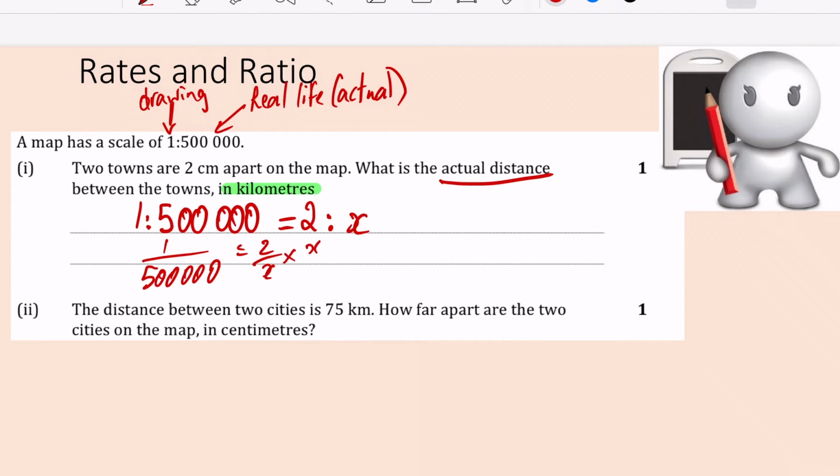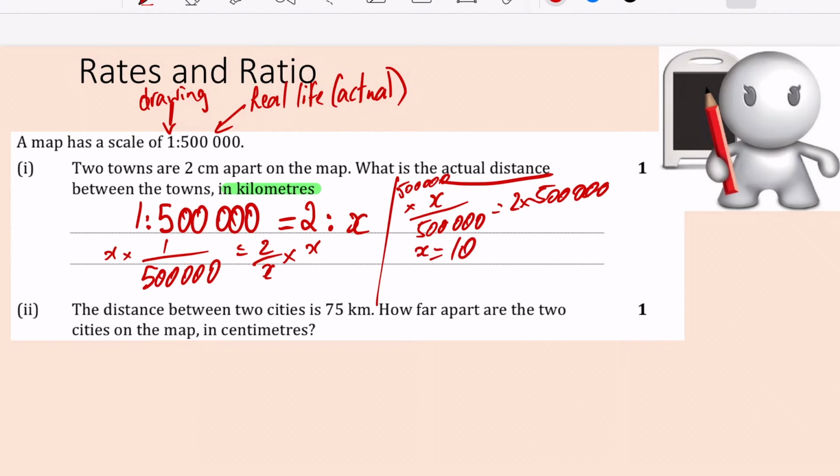Let's multiply by x, so x over 500,000 equals 2. Then multiplying by 500,000, we get x is equal to 1 million.